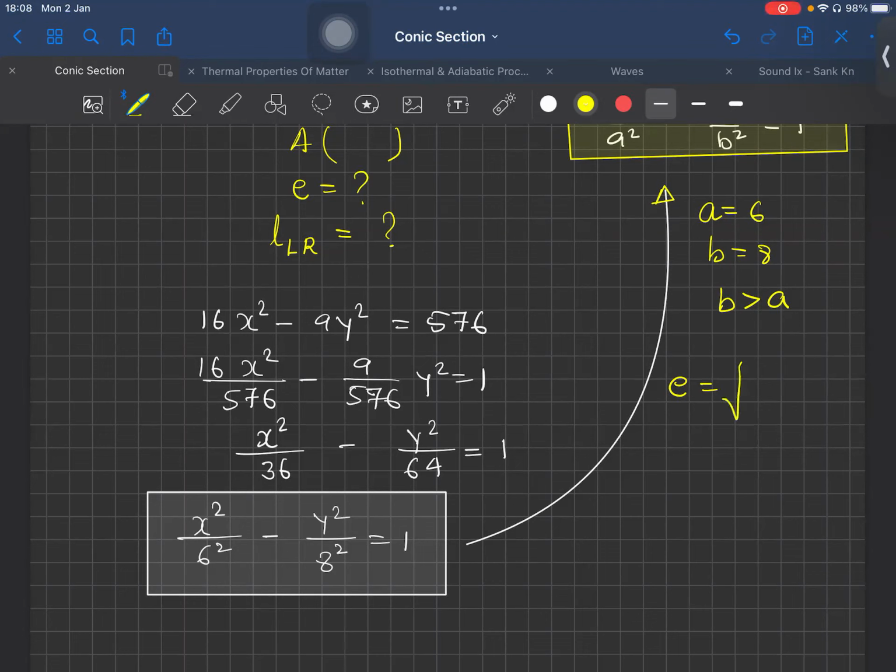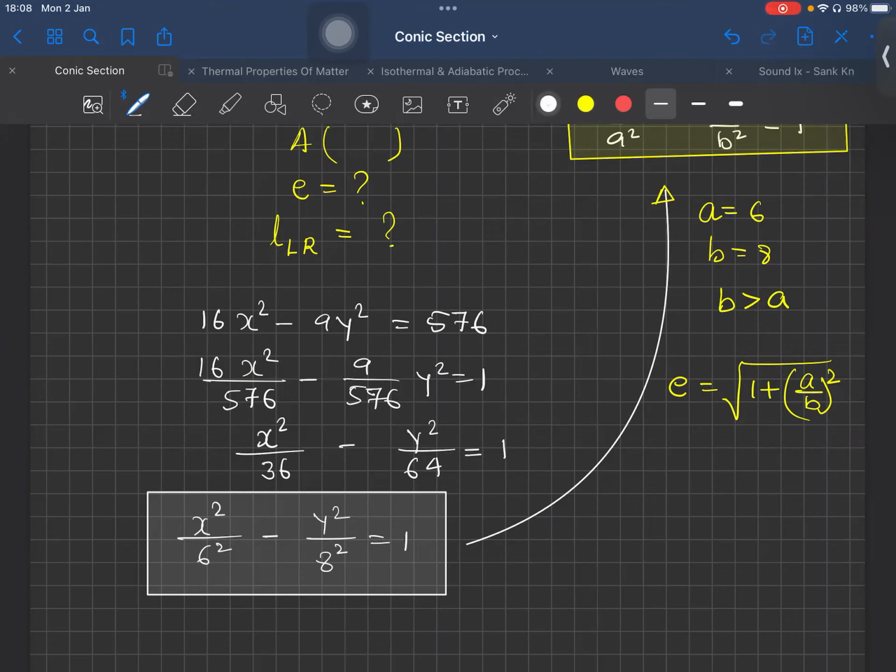Square root of 1 plus a by b whole square. Is it or not? Are you sure, a by b or b by a? Sir, b by a.